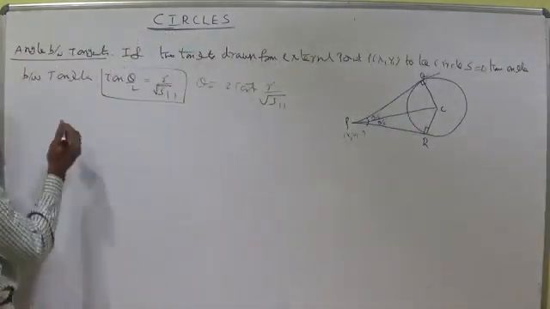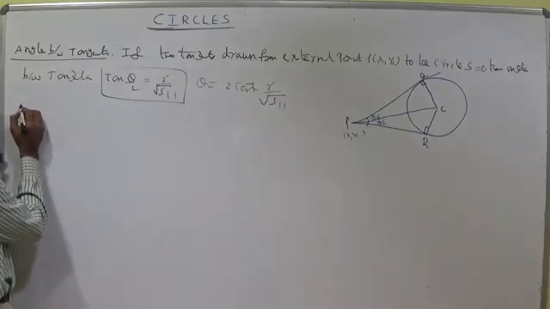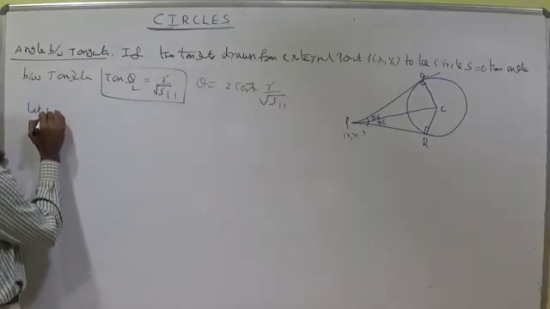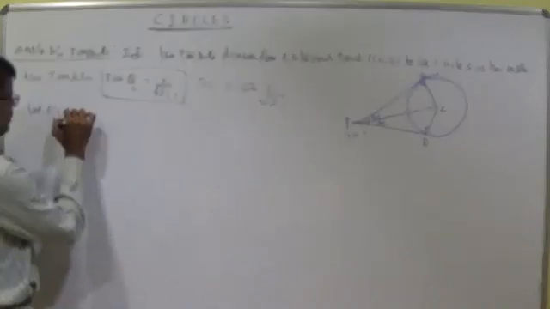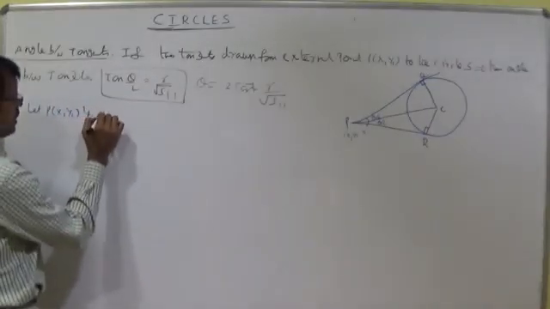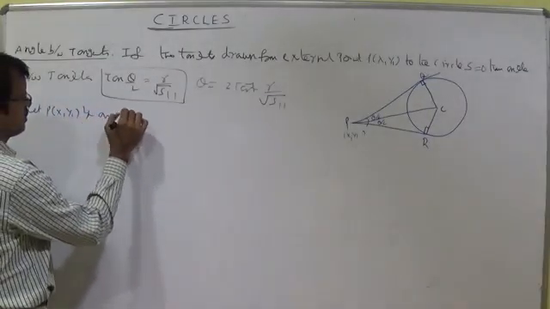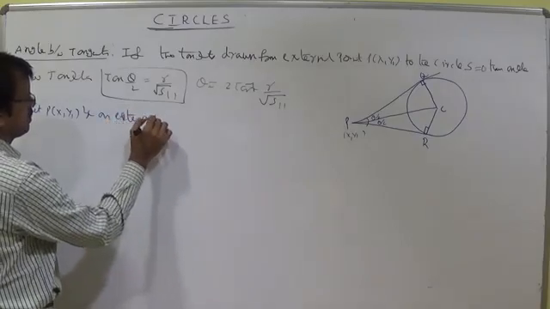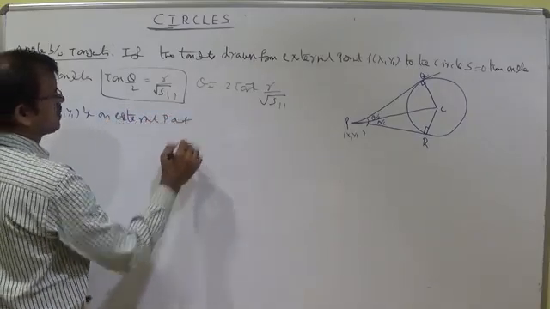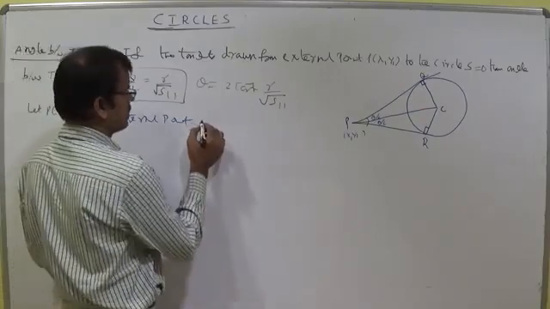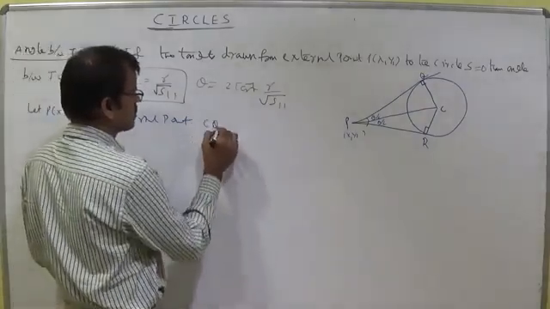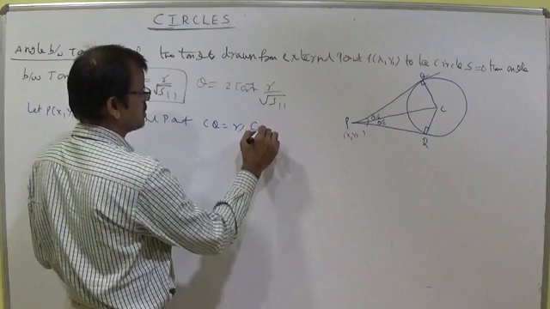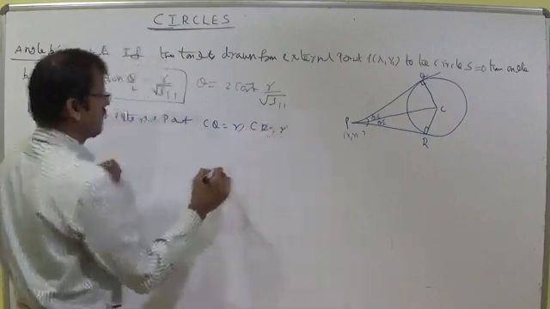Now, writing the description. Let P(x1, y1) be an external point. CQ is equal to r and CR is equal to r.